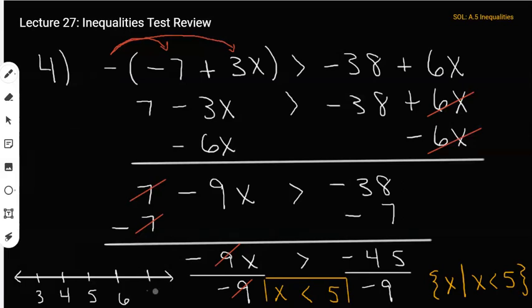And then I can put an open circle around the 5. And then from there, I'm going to shade in the direction that the arrow is pointing. Since it's less than, it's pointing to the left. So I'm going to shade to the left like that.